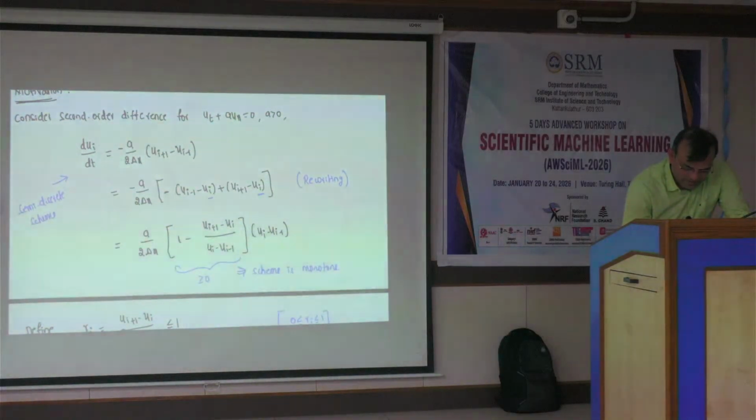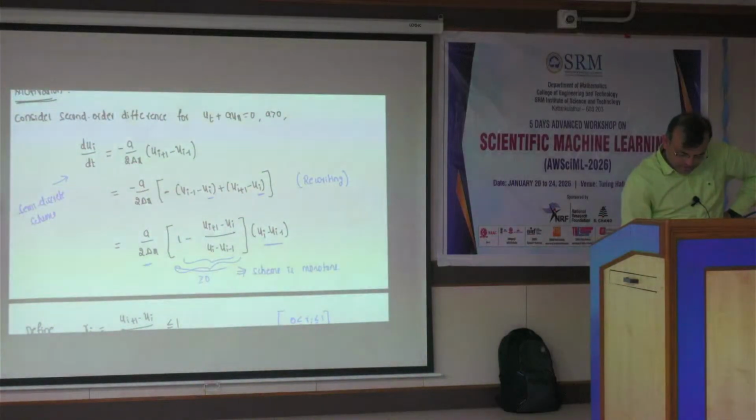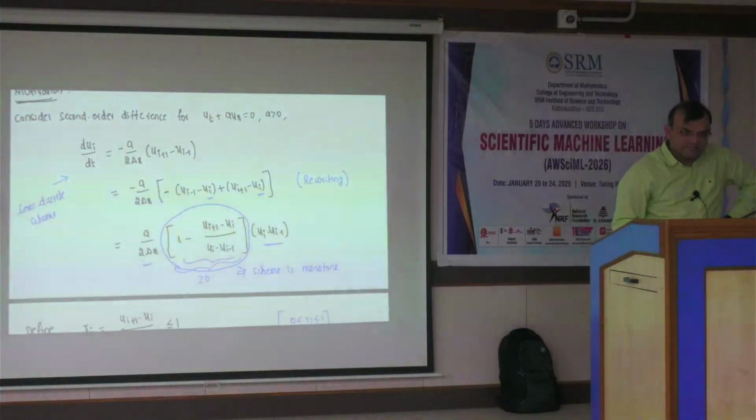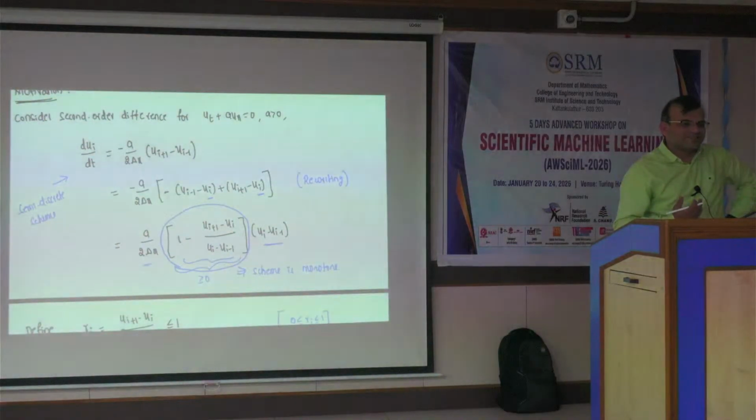I can write a by 2 delta x and take the common term u_i minus 1 with a coefficient 1 minus (u_{i+1} minus u_i) by (u_i minus u_{i-1}). If this coefficient term is positive, then we can say the scheme is monotonicity preserving. Then we can say the second order scheme is also monotonicity preserving.